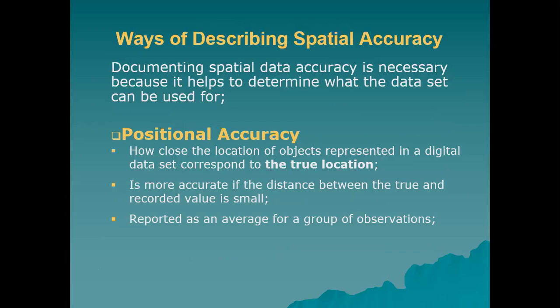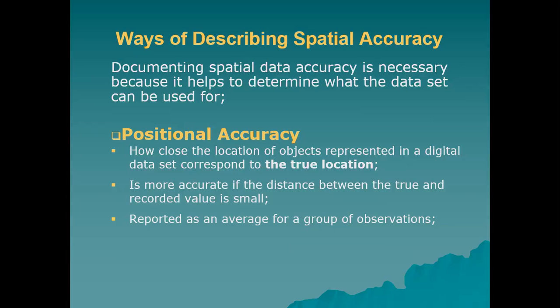So ways of describing spatial accuracy. Okay, so documenting spatial data accuracy is necessary because it helps us to determine what the data set can be used for. So again, positional accuracy, this defines how close the location of objects represented in a digital data set corresponds to true location.